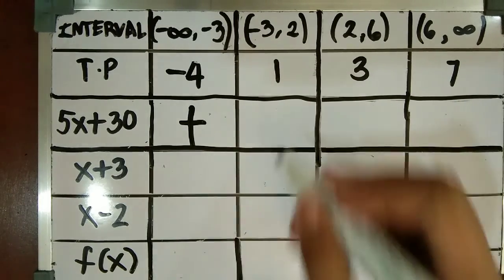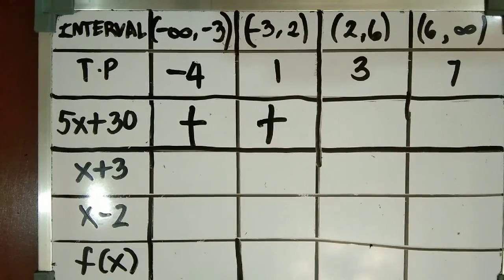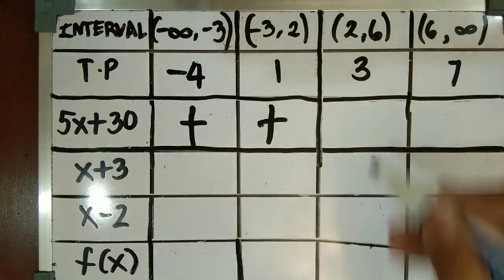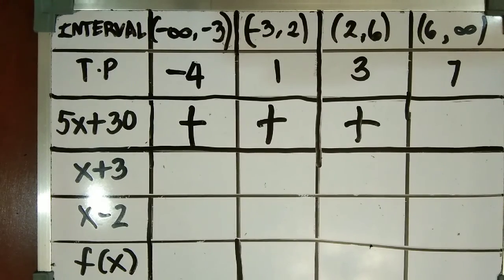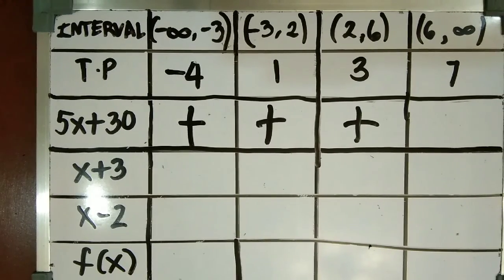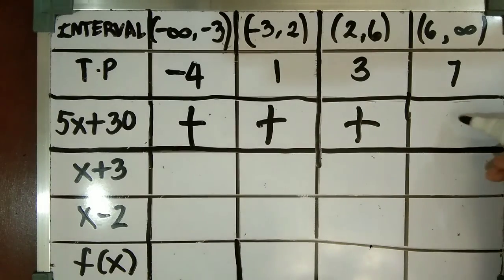It is positive. 5 times 3 plus 30 is equal to 45. It is positive. Lastly, 5 times 7 plus 30 is equal to 65. It is also positive.